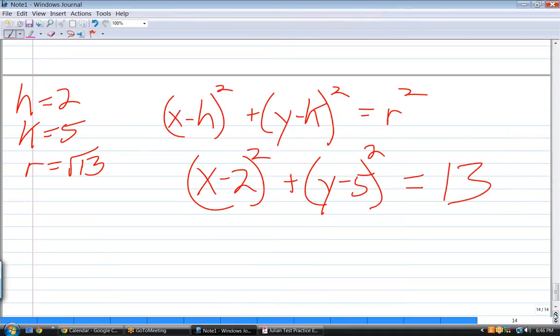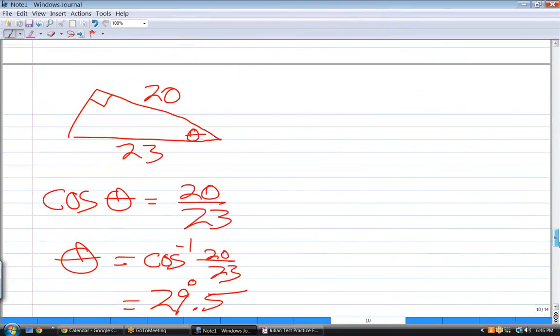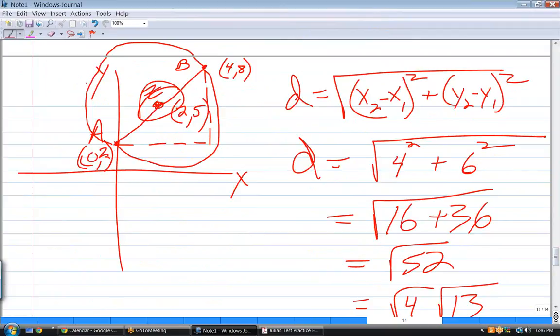Let's look at what we had to know. First of all, we had to know how to find the midpoint between 2 points. That's pretty easy. Just take halfway between the 2 points. Halfway between the x's, halfway between the y's. You always get that by adding them together, dividing by 2. In other words, notice that 2 is 0 plus 4 divided by 2.